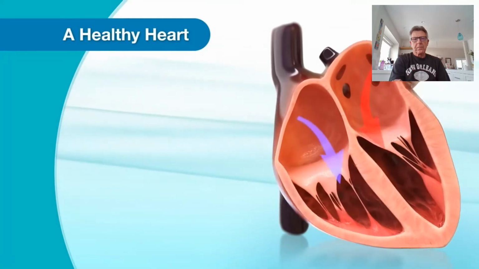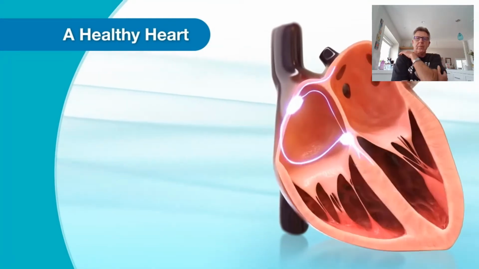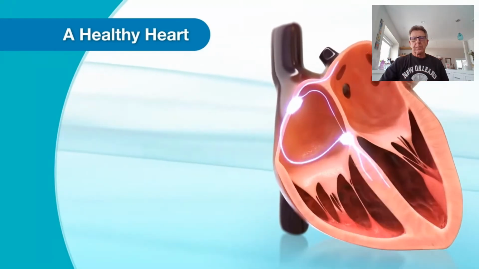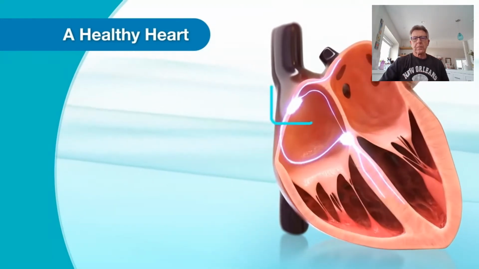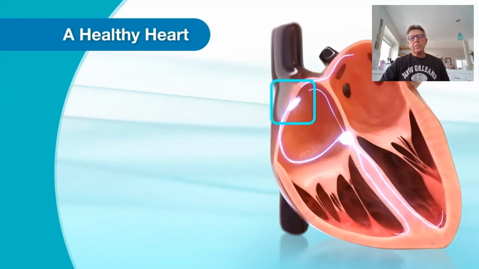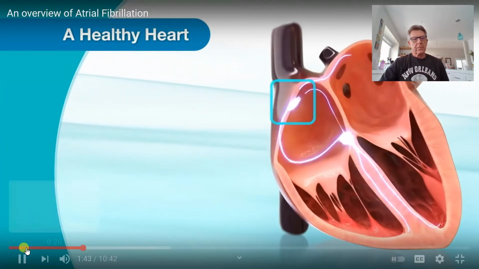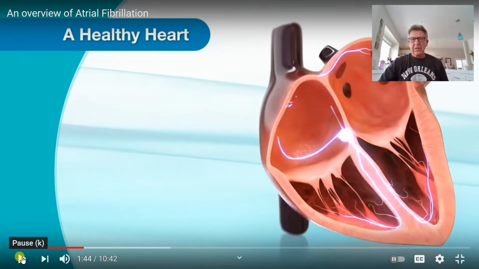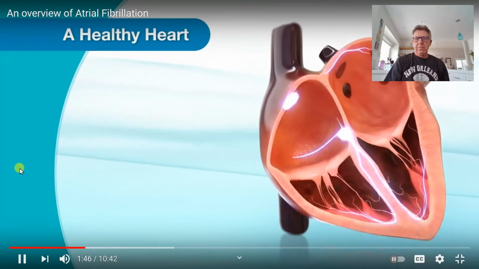In a healthy heart, electrical signals travel through the heart in a regular pattern, as seen here. These electrical impulses originate in a special section of the atrium and travel through the heart in a regular pattern. That's the sinoatrial node, okay? And it's right there where the pulmonary vein comes in. Each signal ultimately causes the heart to beat.